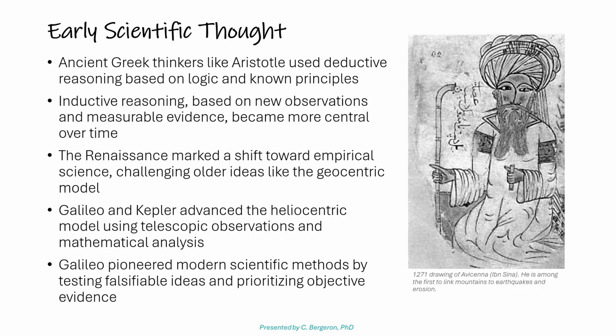Those two scientists, Galileo and Kepler, are basically credited with jumpstarting the scientific revolution and really starting what we consider modern scientific methods, because they focused on empirical, observable data.